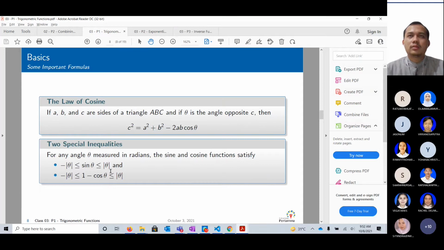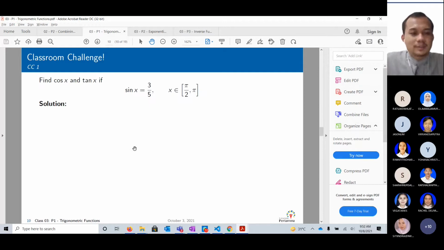You don't need to memorize these two inequalities. You just need to know that these inequalities exist, and if you happen to face them, you can just take a look at this slide. Now let's go to the challenge.